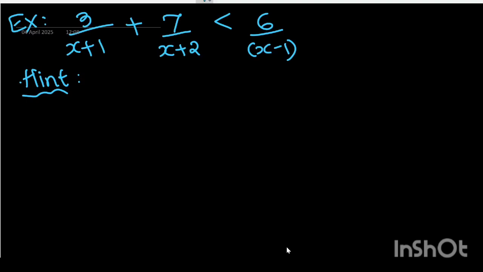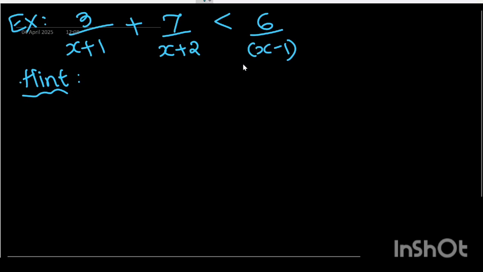So try this example, guys. So the first hint: in the previous example we discussed that the variable linear factor, like here if it is x minus 1, can we cross multiply it here?